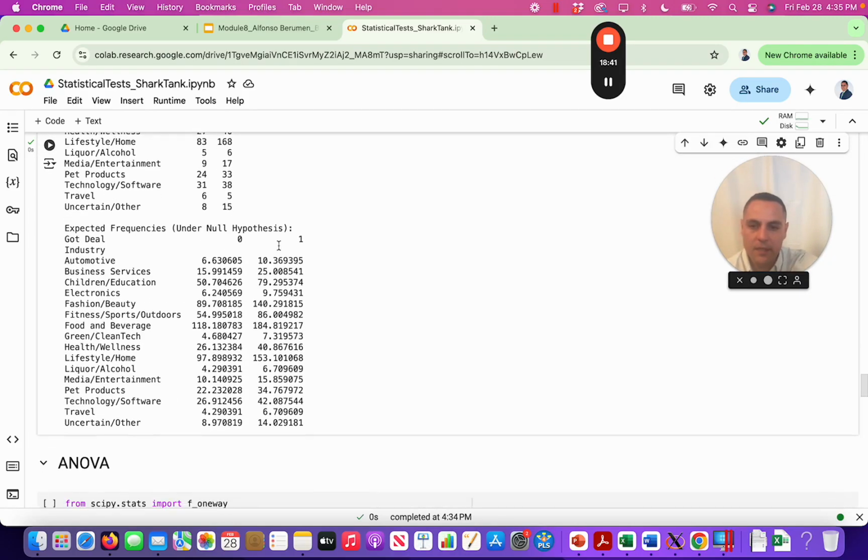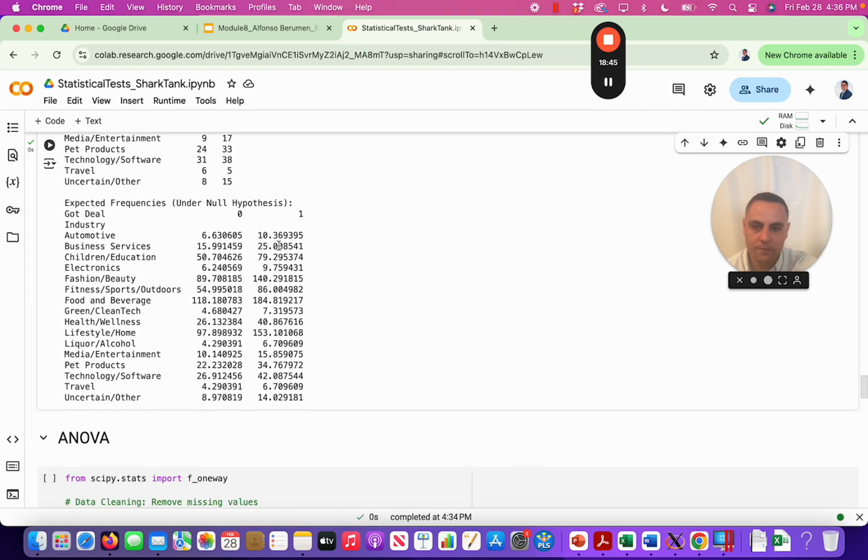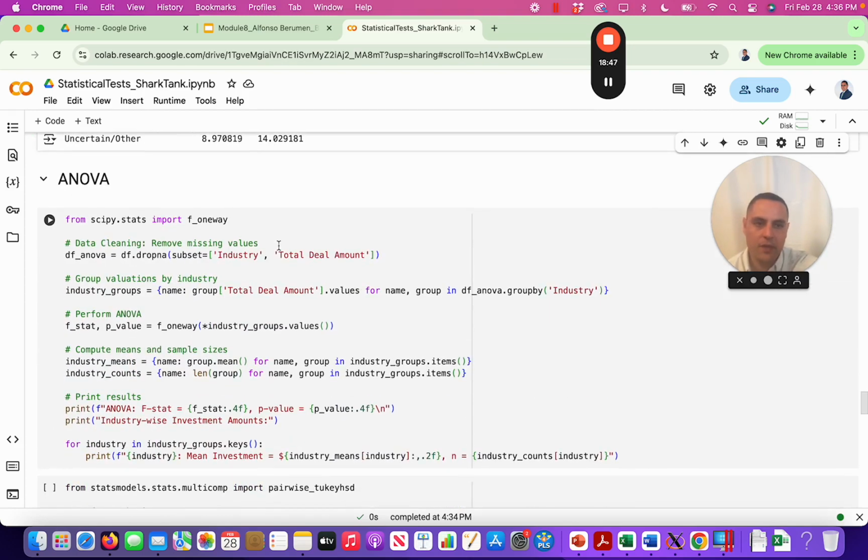Okay, so that's our categorical, and then we can look at ANOVA. When we think about ANOVA, we're looking at, similar to the t-test, a numeric dependent variable, and then a categorical variable with more than two groups.